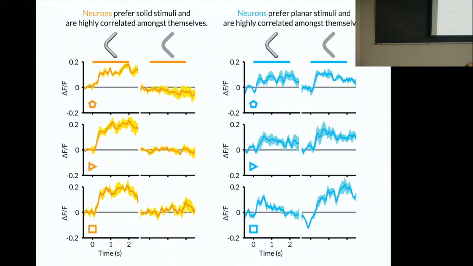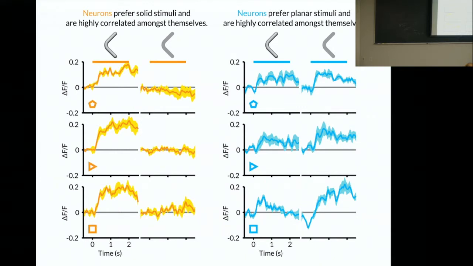Completely different kind of experiment, done in the laboratory of our collaborator Christina Nielsen, experiments based on photon imaging in anesthetized monkeys. And here are 6 different neurons and their change in calcium fluorescence, which is a proxy for neural activity, across time following stimulus presentation.